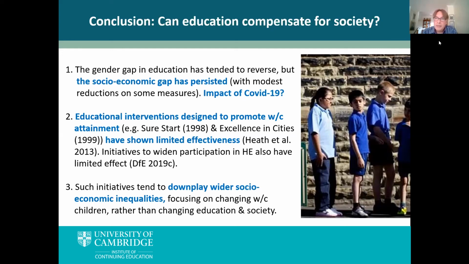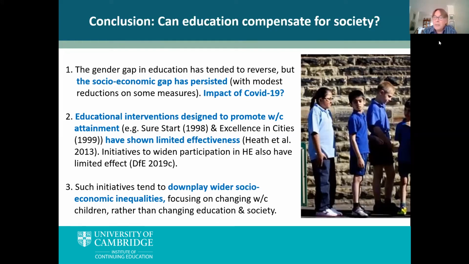Much of the research evidence that does exist tends to suggest that interventions that have been designed to promote working class attainment, things like Excellence in Cities, have had relatively limited effect. And also research into the effectiveness of initiatives to widen participation shows that they have relatively limited effect.